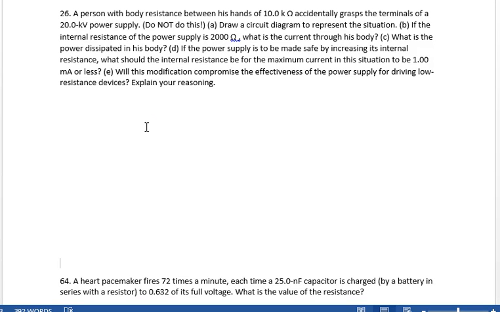All right, chapter 21, problem 26. We have a person with a body resistance of 10 kiloohms who accidentally grasped the terminals of a 20 kilovolt power supply. Draw a circuit to represent the situation. Well, the situation is simple. There's the power supply, which is at 20 kilovolts.